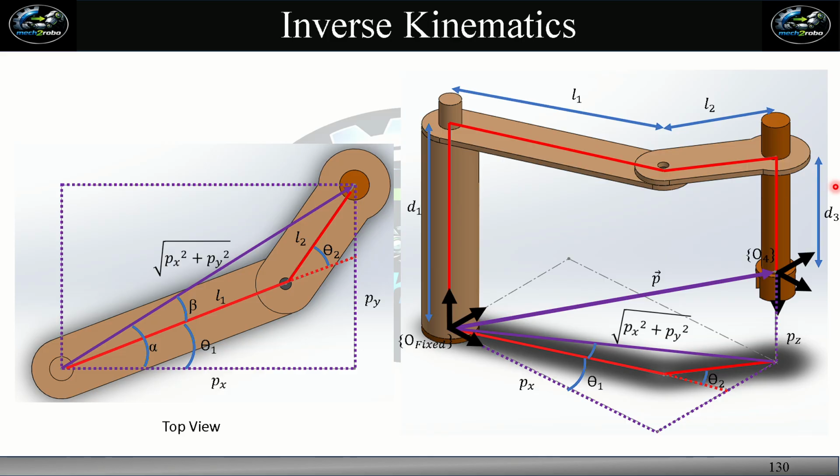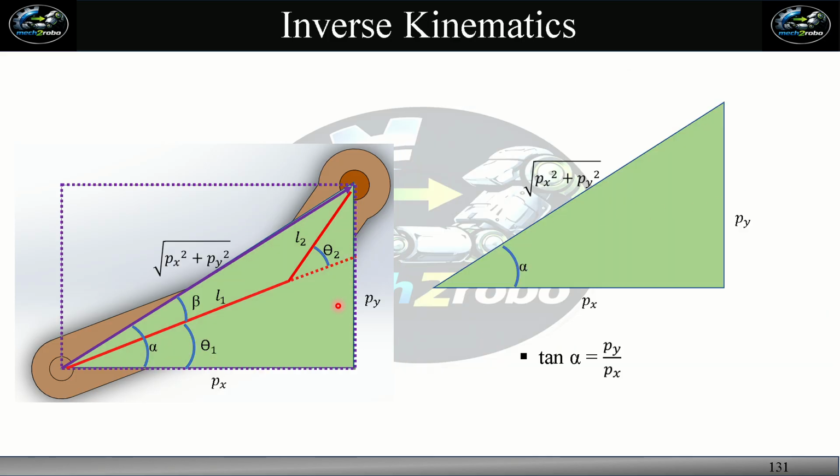So after projection, we get this right angle triangle, whose base is px, perpendicular is py, and hypotenuse we get by applying the Pythagoras theorem, which states that the square of the hypotenuse is equal to the sum of the squares of base and perpendicular.